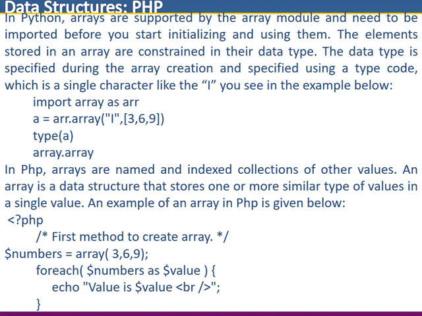The first method to create an array is $numbers equal to array, then foreach, inside the brackets $numbers as $value, echo value is $value. So we can see that arrays in PHP are named and indexed collections of other values.